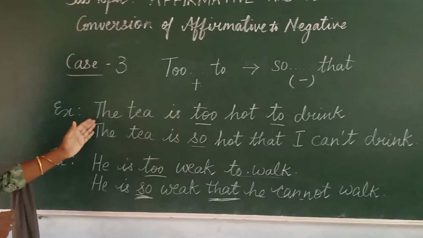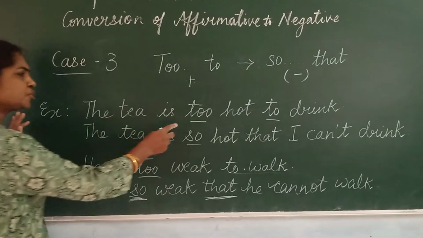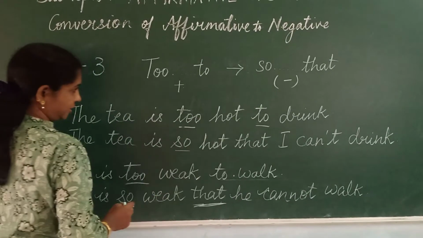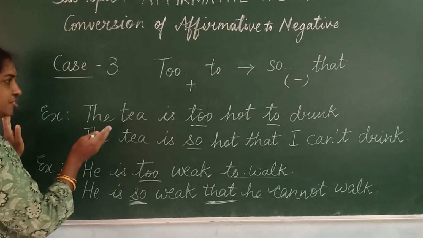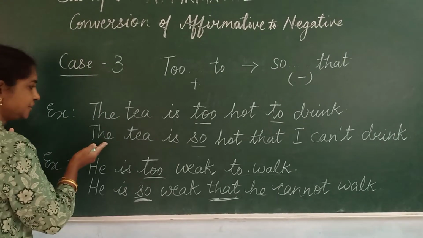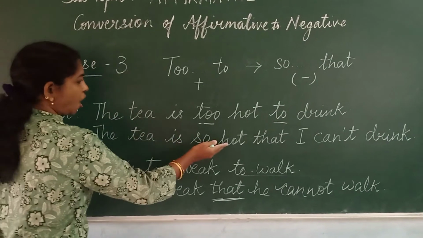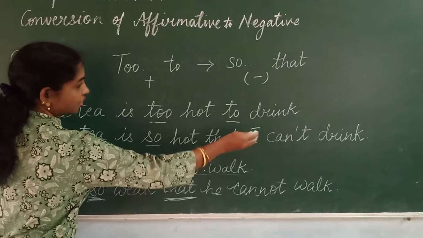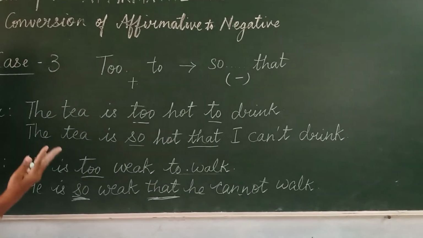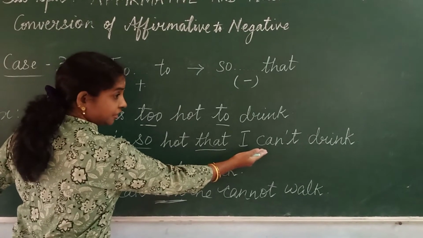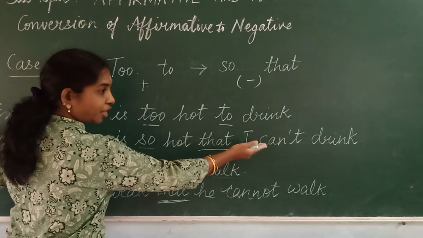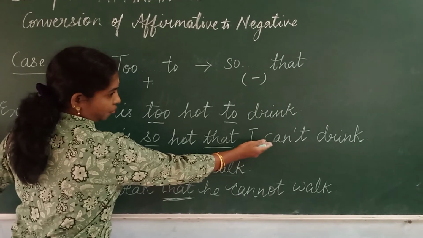See this sentence. The tea is too hot to drink. Now I convert it into a negative sentence. Check how I am doing. The tea is so hot that I cannot drink. When I am reading, I say cannot, but when you are writing, please see that you write the contracted form of the verb.